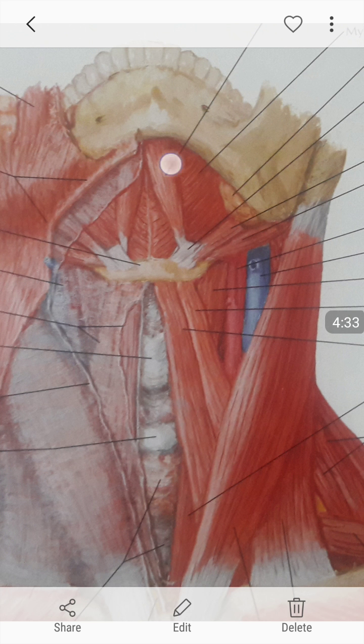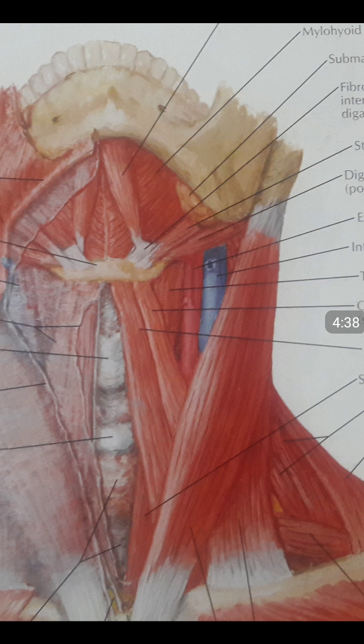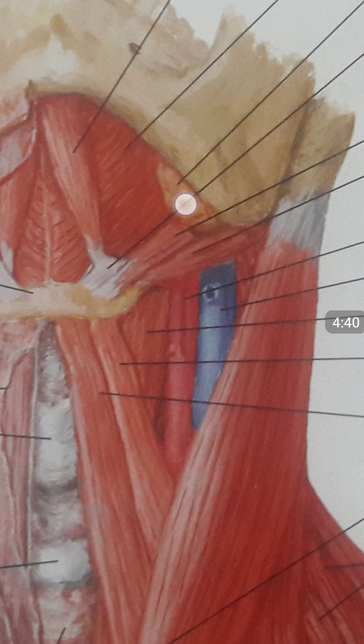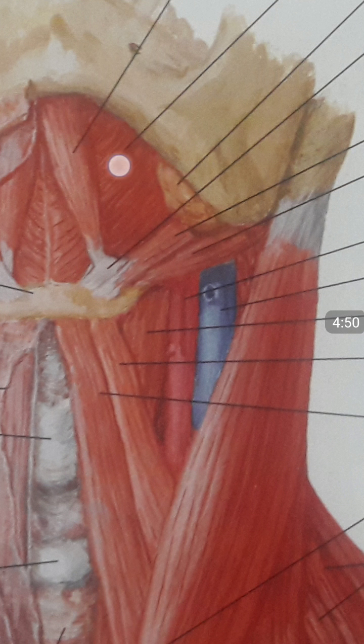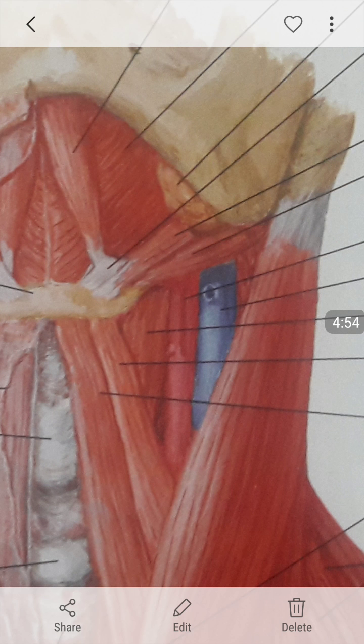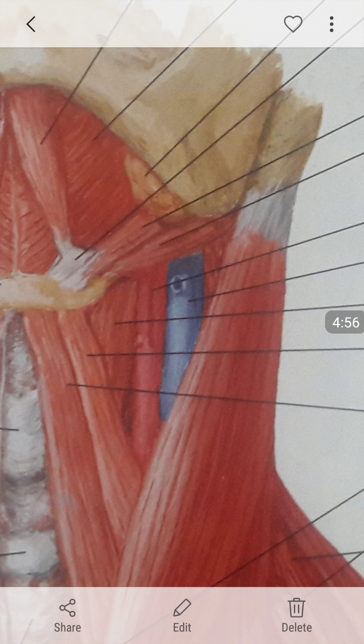Here you can see it is almost filled by a gland which is called the submandibular gland. In the background you can see the same mylohyoid muscle, which is the floor of the digastric triangle.